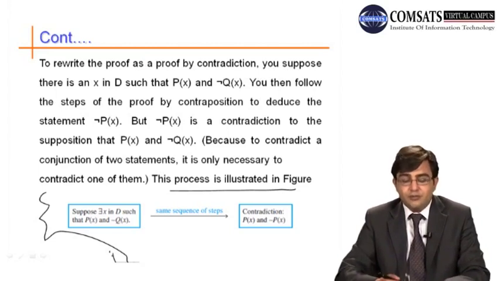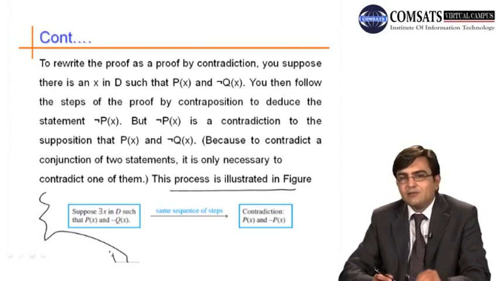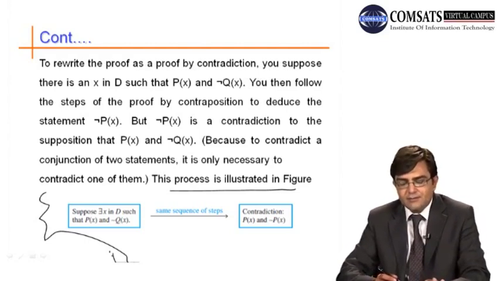And what we have to prove, q of x, we suppose that q of x is false in the method of contradiction.